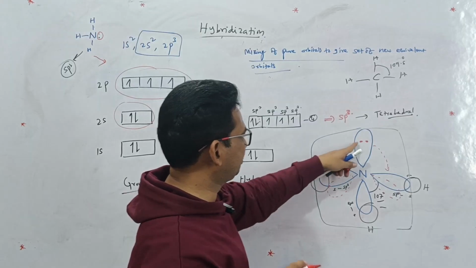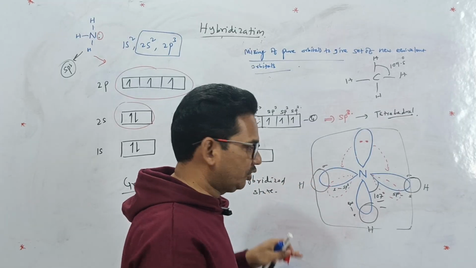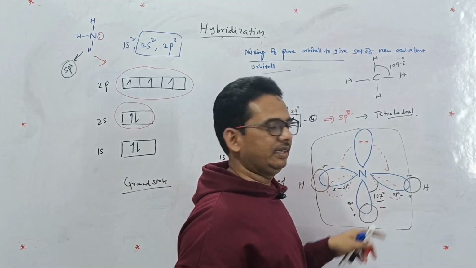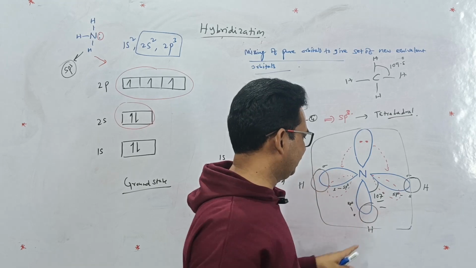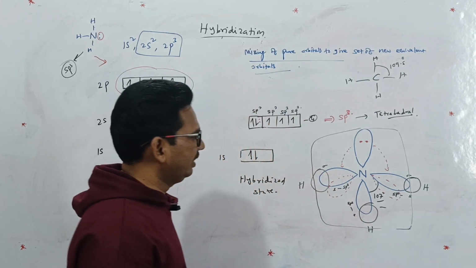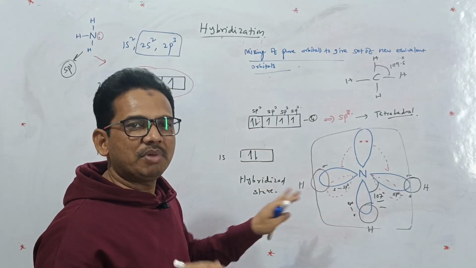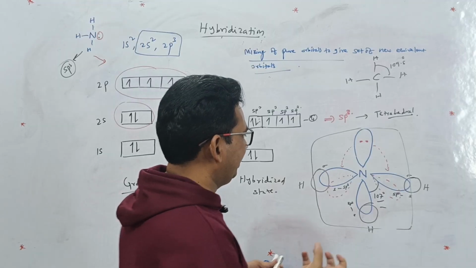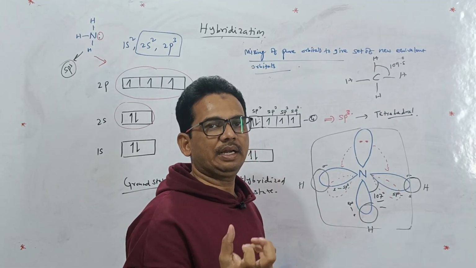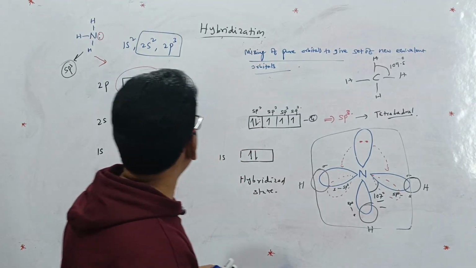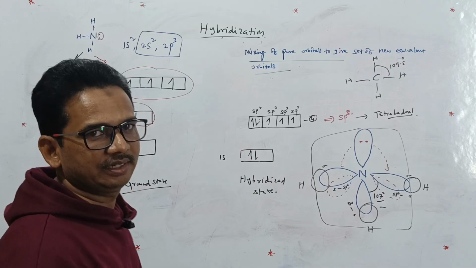That is the reason, because this is pushing. This is pressing down, the effect of this pair of electrons. That's why it gives a tetrahedral angle, but a little bit downside, you can see it is slightly compressed. Okay, this is sp3 hybridization.